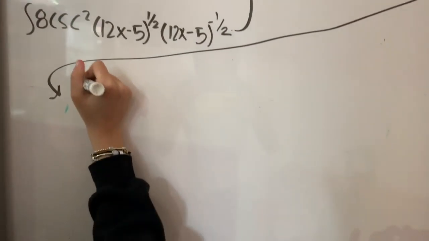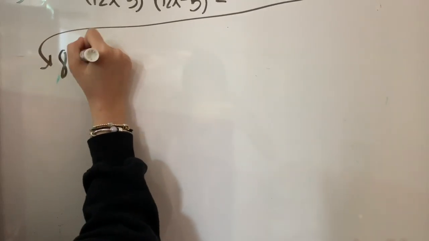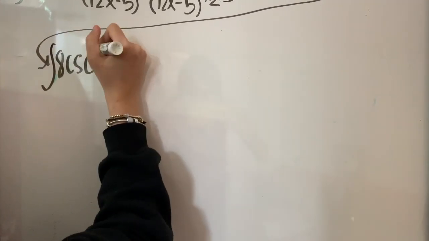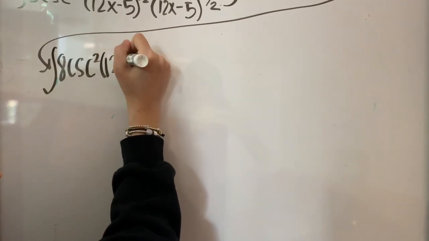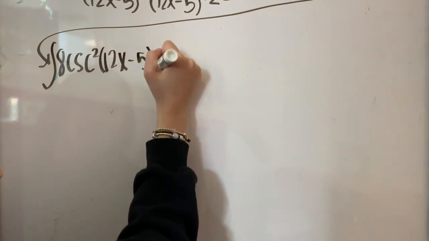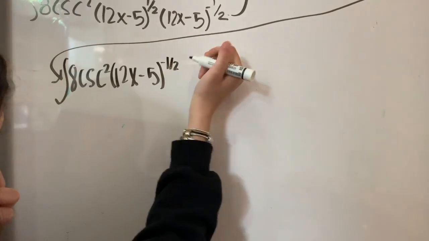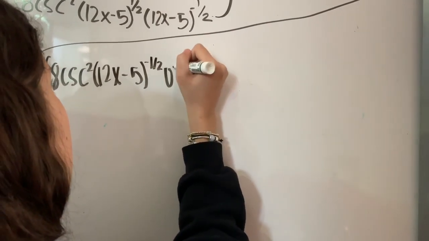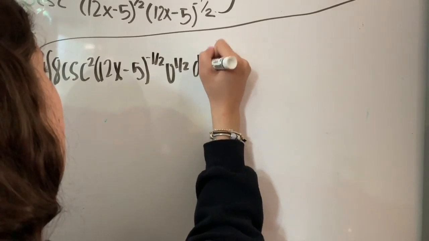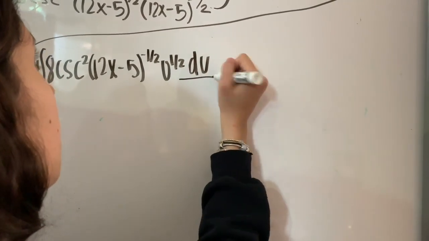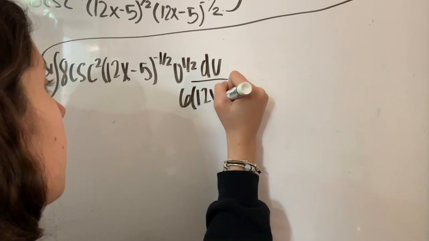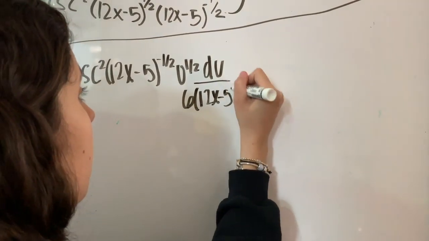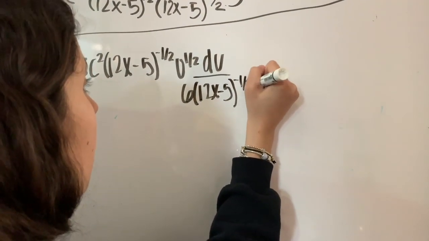So now that we have u and du, we're gonna use the formula of integration. This will leave us with the integral of 8 cosecant squared times 12x minus 5 to the negative 1/2 times u to the positive 1/2 times du, divided by our du, that is 6 times 12x minus 5 to the power of negative 1/2.